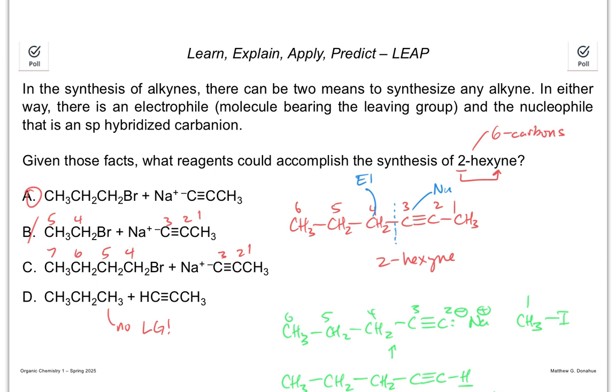Terminal means you have that H, and we know that's an acidic hydrogen. The pKa is about 25. We can treat that with sodium hydride. That will deprotonate that CH and generate the nucleophile. We then trap it with the electrophile.